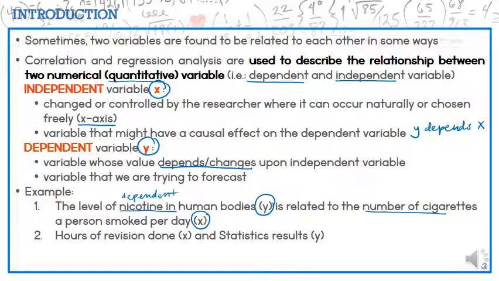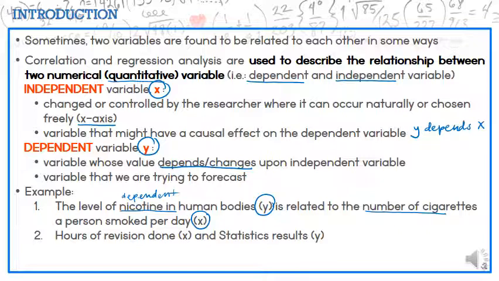Another example is hours of revision done and your statistics results. Again, logically, hours of revision and statistics result. So, your statistics result will depend on the hours of revision done.